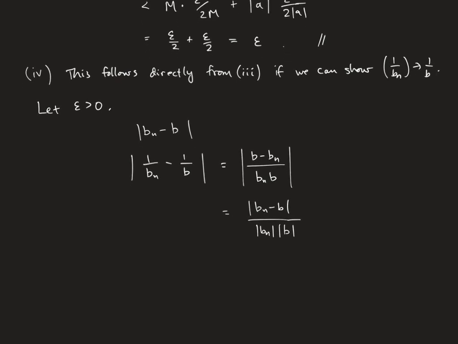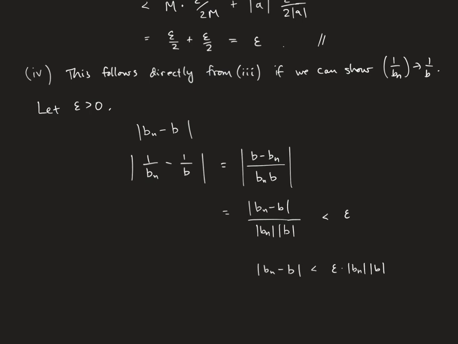Okay, so basically we want to make this less than epsilon. Naively, I have control over this bn minus b, so this has to be less than epsilon times |bn| times |b|. But again, this is not a constant quantity. It depends on n, and so we have to do something about that.